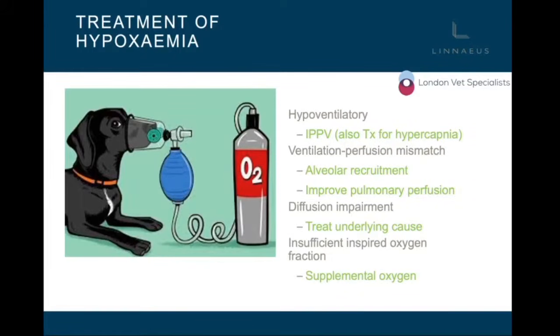If you suspect diffusion impairment is the cause of your hypoxemia, then that needs treatment of the underlying cause. So again, in the case of pulmonary edema, that may be some diuretic drugs. And finally, if you have insufficient inspired oxygen fraction, then there's likely to be a machine error, and you should change to an anesthetic machine that is functioning normally.